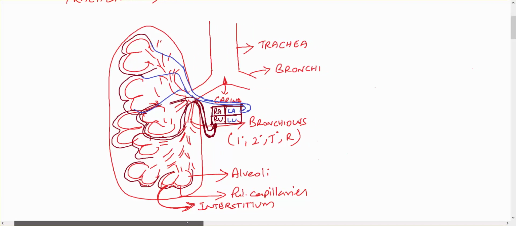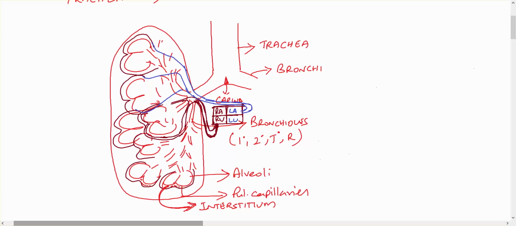Now you all know the lung is covered by the pleura. Remember, the pleura has two layers. One layer is closely attached to the lung.